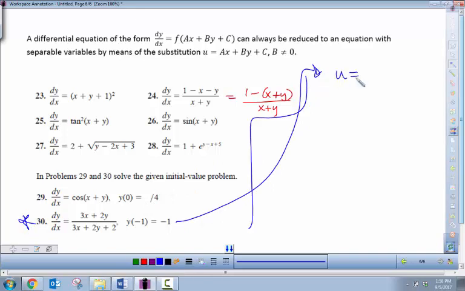We're going to do a U-substitution here. We're going to let u equal 3x plus 2y. Then I want to replace the dy dx with du dx, so I want to do a du dx business here.